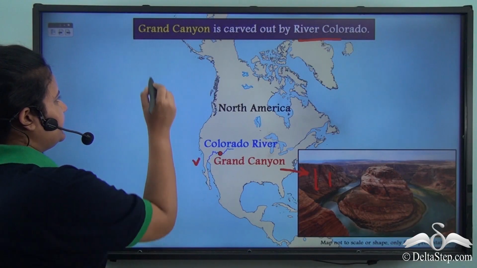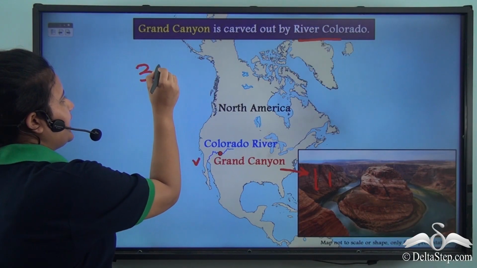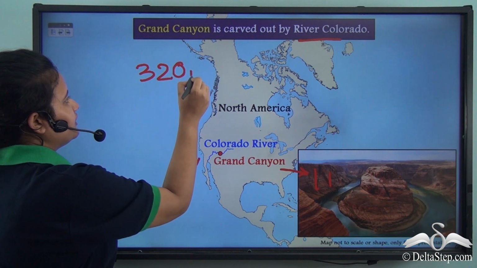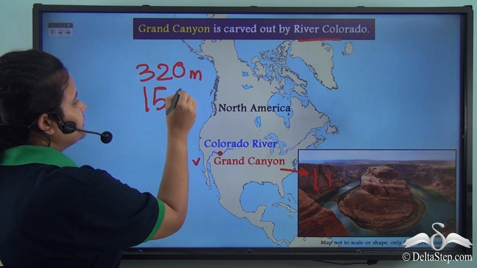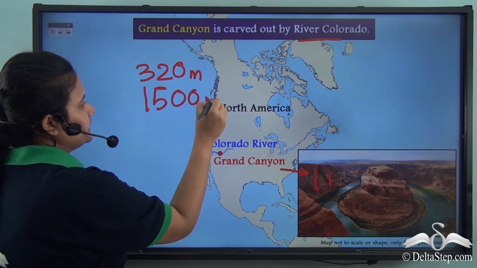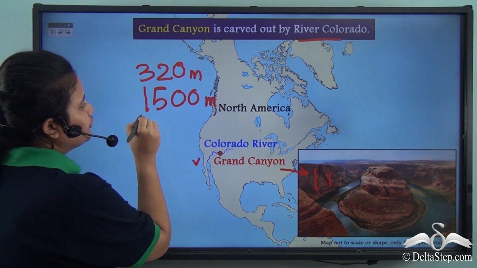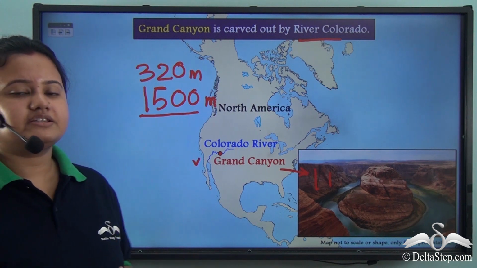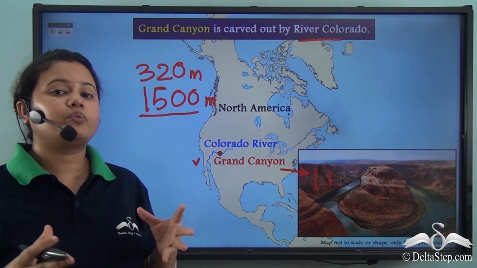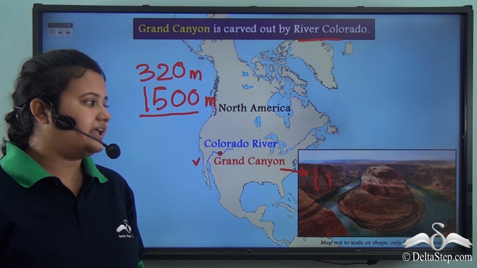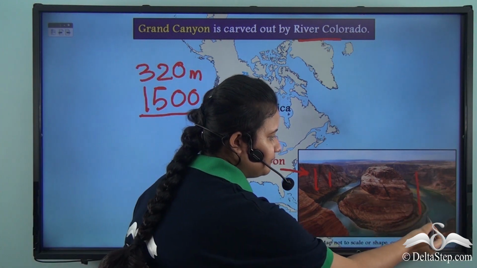Now, this canyon is 320 meter long and 1,500 meter deep. So, from this figure, we can understand that the vertical depth of this canyon is quite high, or this canyon is quite deep.